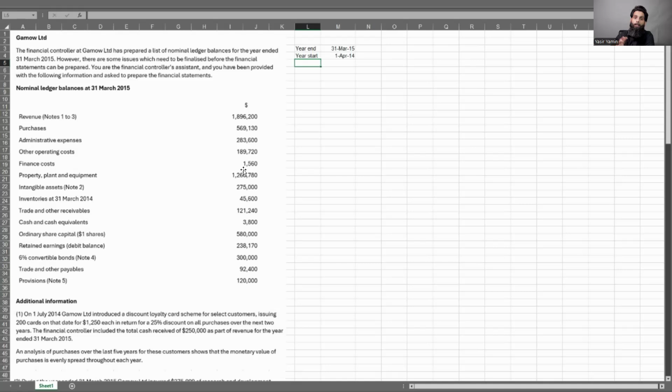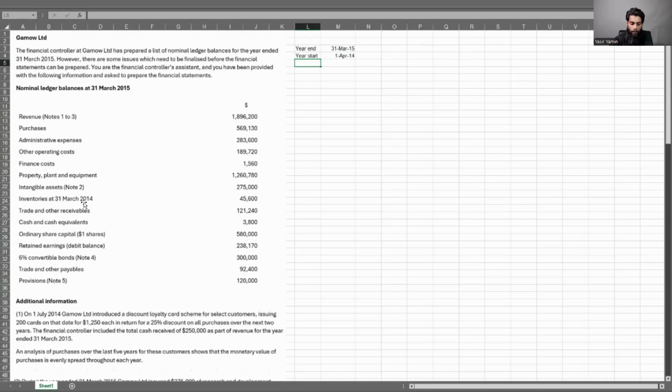Finance cost means interest expense. Property, plant, and equipment are 1,260,780. There are some intangible assets as well with a value of 275,000, but there is a note that your examiner wants you to refer to. So there must be some adjustments that the examiner wants you to make.